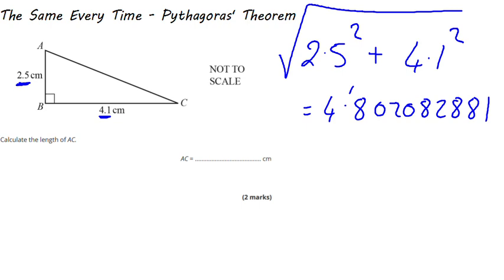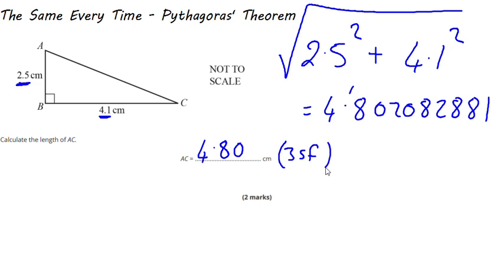So that's what I'll do. I've written down my full calculator answer here, but I'm going to round my final answer to 3 significant figures, so 4.80 centimetres. By writing down my working out and my full calculator answer and my rounding, I think I've covered myself for getting the full marks there.